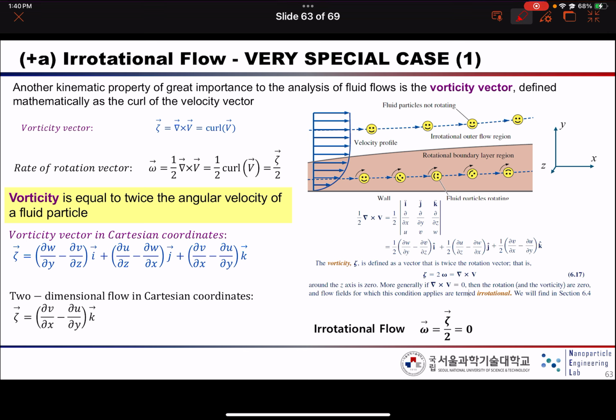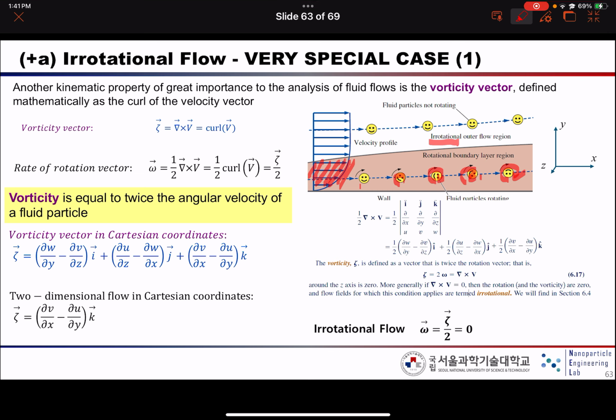This is another extra item. So if your flow is within the irrotational region, irrotational means that near the boundary, the flow will be rotated because of the rotation energy.